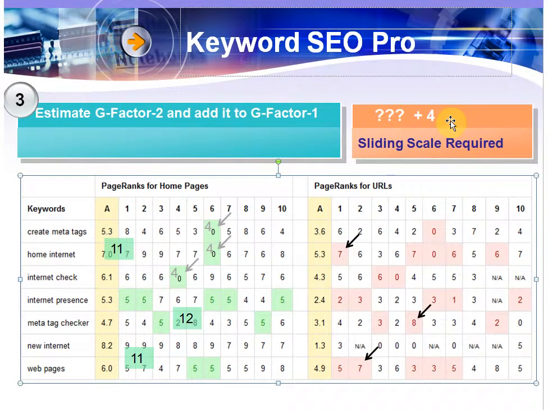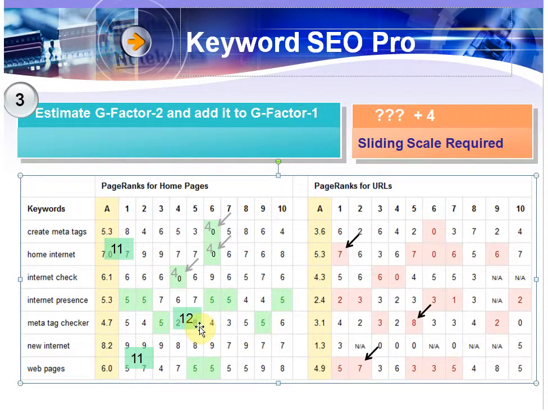So would it be appropriate to add 4 whenever we have a home page that is the URL in the top 10 for Google? Let us look at these examples where we have a page rank of 7 and another of 8. Adding 4 in these situations would give us G-Factor 1s of 11 and 12.